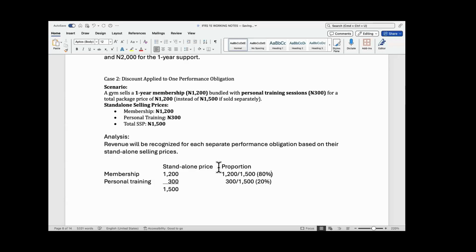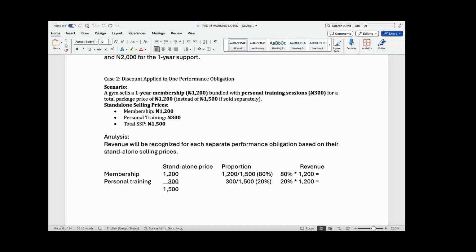So the revenue you recognize for the membership will simply be 80% times the amount you collected, which is 1,200. The revenue you recognize for personal training is 20% times the money you received.